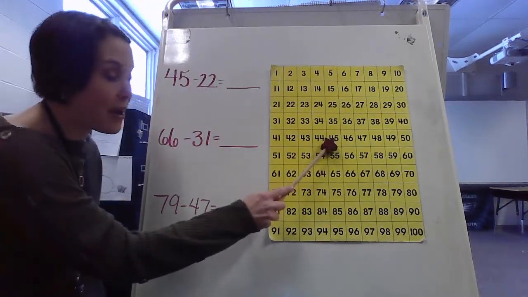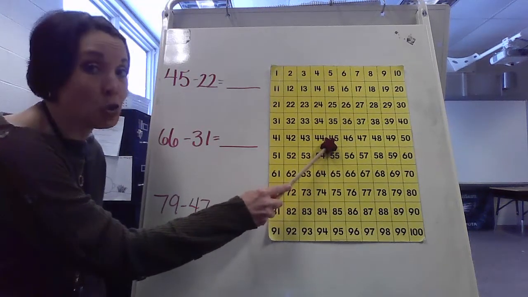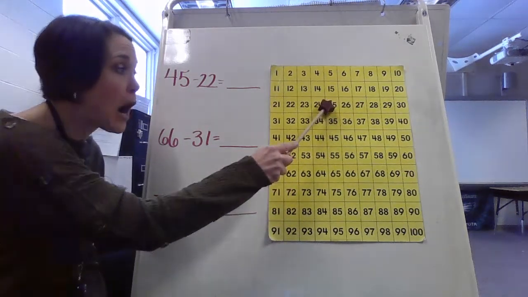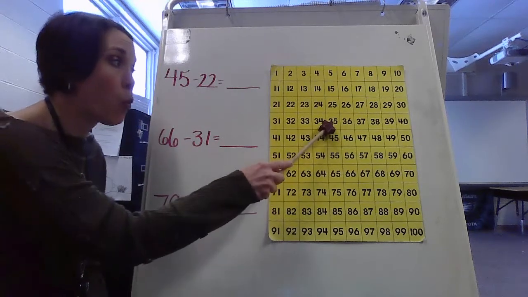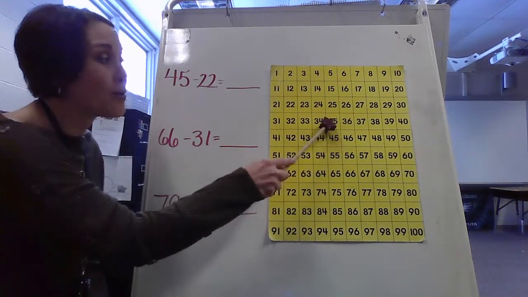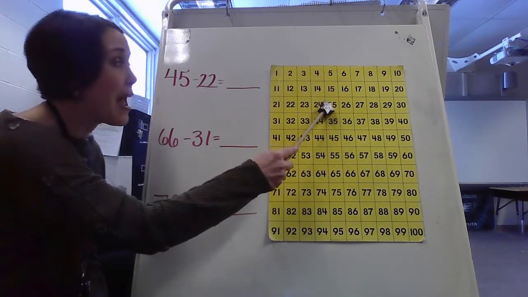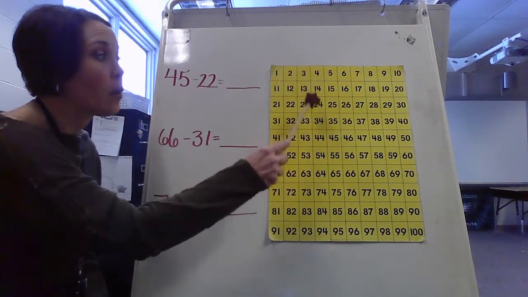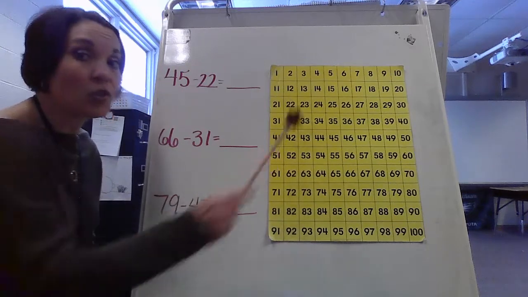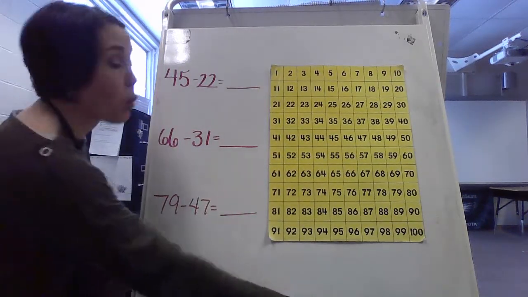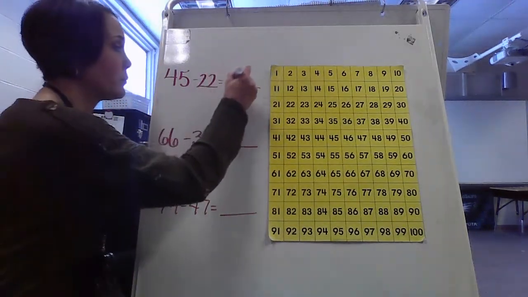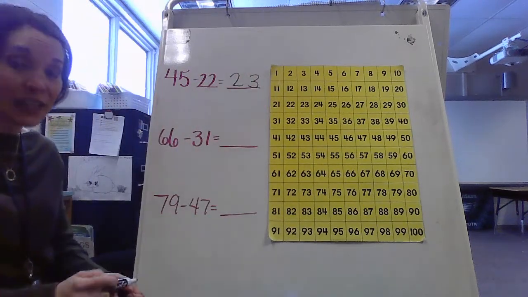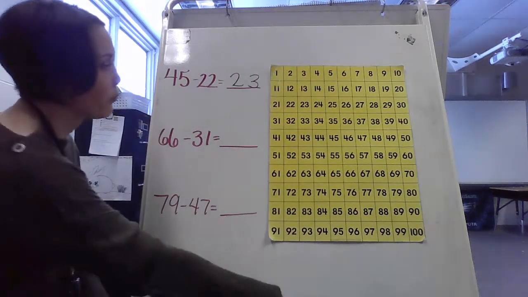So if I'm at 45, I want to go 2 tens. That means 2 hops up. I could count 1, 2. I could also count 10, 20. And then I still have to go my 2 ones, 1, 2. So then I'm left at 23. That is going to be my difference, my answer there.